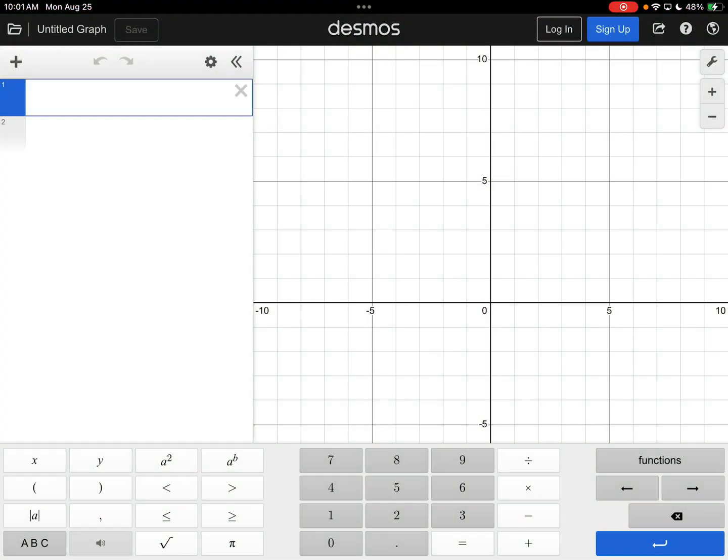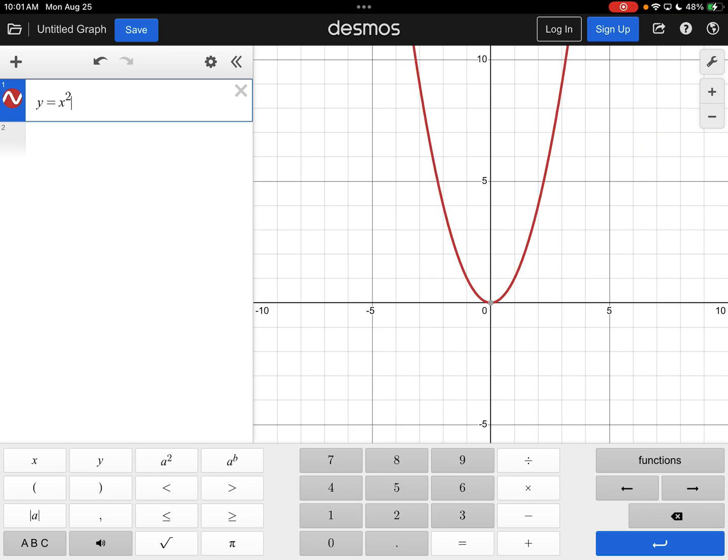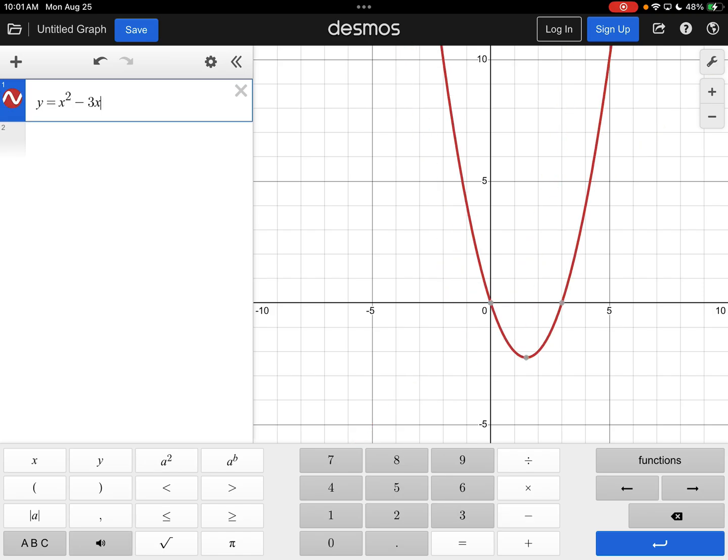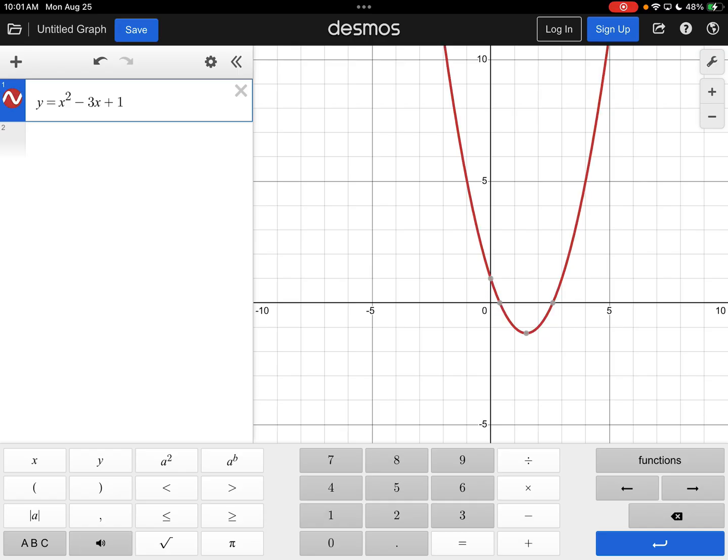So you can get out your Chromebooks if you would prefer. Y equals x squared minus 3x plus 1. What's the end behavior for this one? Positive. Gets a little trickier when we need the fraction.